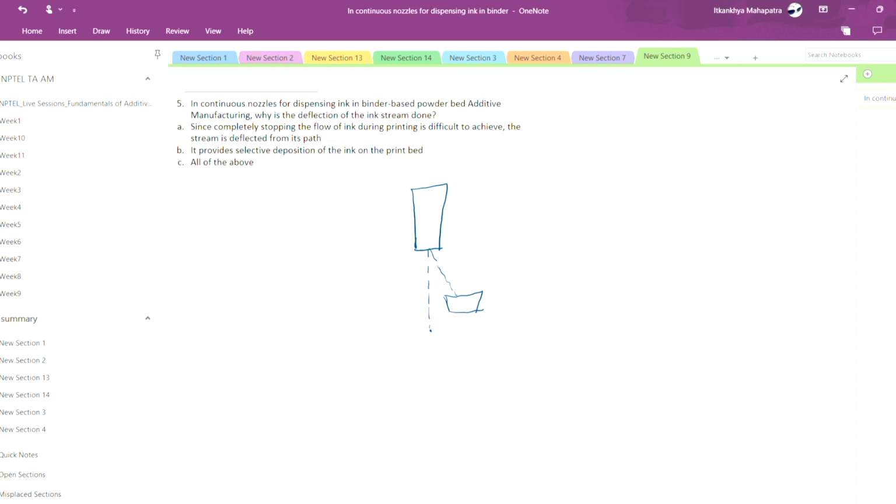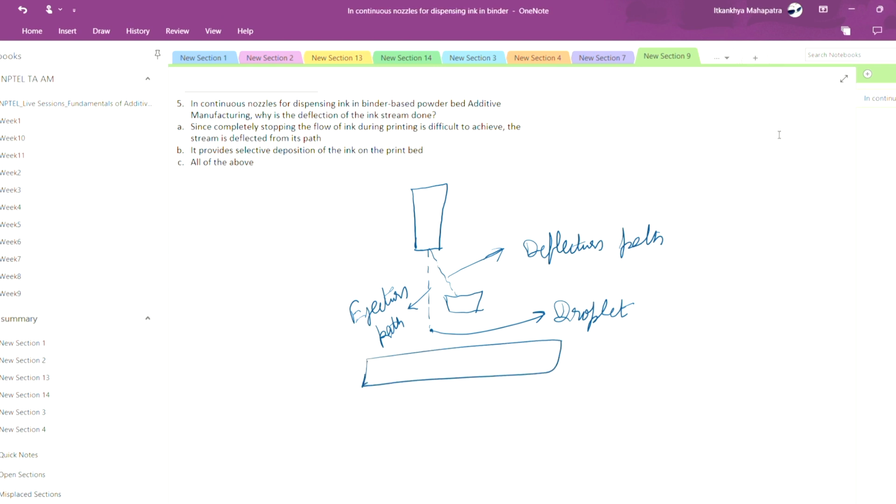There is a droplet and the ejection path is there. This is the deflection path. This is the droplet and this is the substrate.